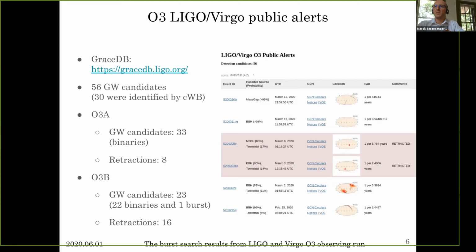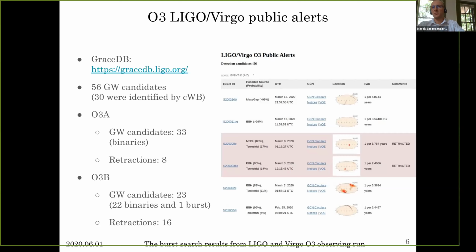As I said at the beginning, LIGO Virgo is releasing public alerts, and you can find them on our GraceDB website. We detected 57 gravitational wave candidates, and together with the template-based searches, coherent WaveBurst detected 30 of them.